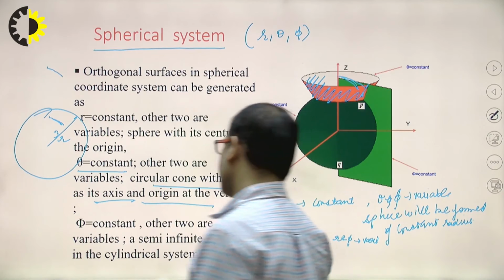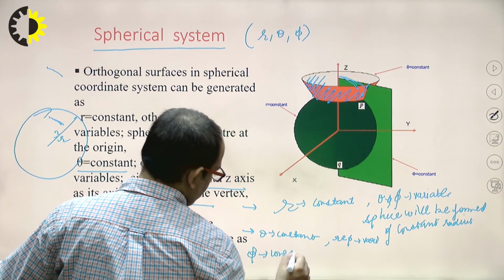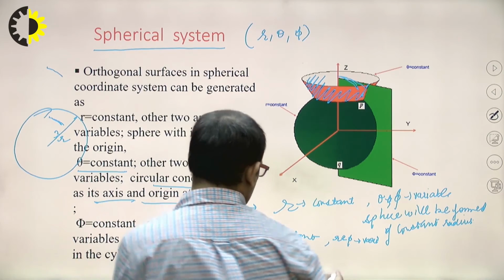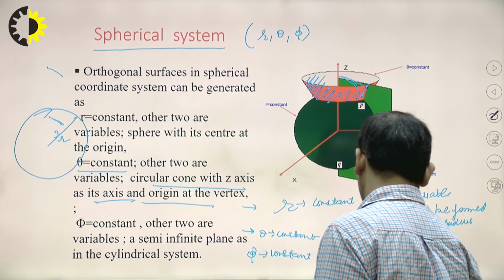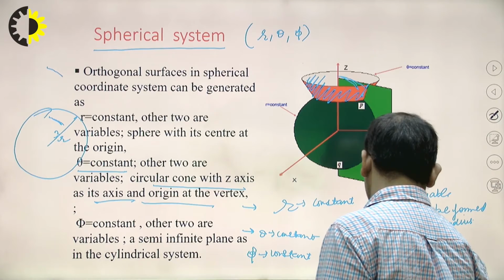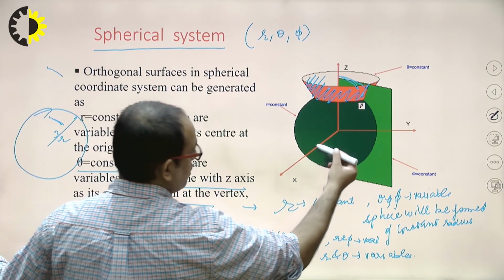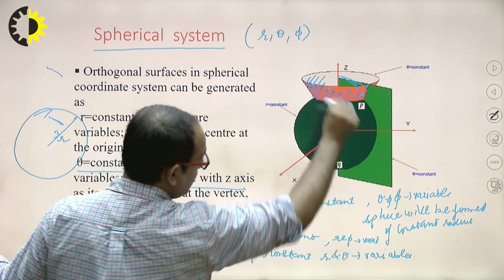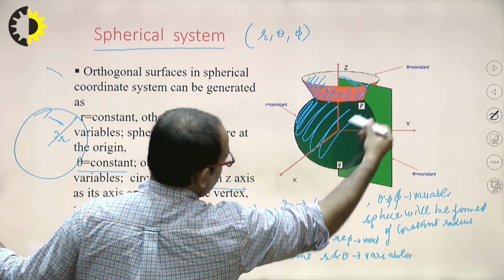Now see, if I say phi is constant and R and theta are the variables. When phi is constant, R and theta are the variables, you will see that this figure will be formed.